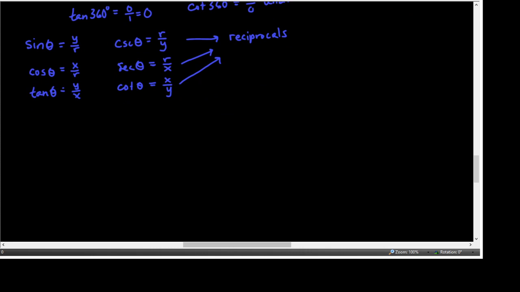So this leads us to our first identities, called the reciprocal identities. I should probably talk about what an identity is before we get into this. So let me go off to the right and talk about that. If I have an equation like 2x plus 3 equals 7, then there's only a finite number of answers that will work there.